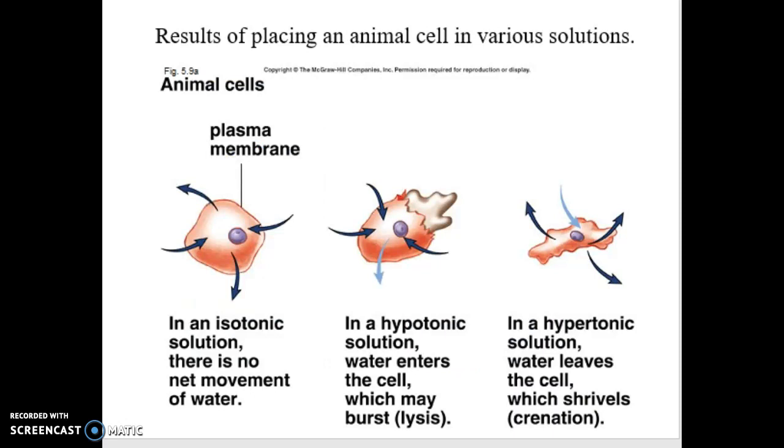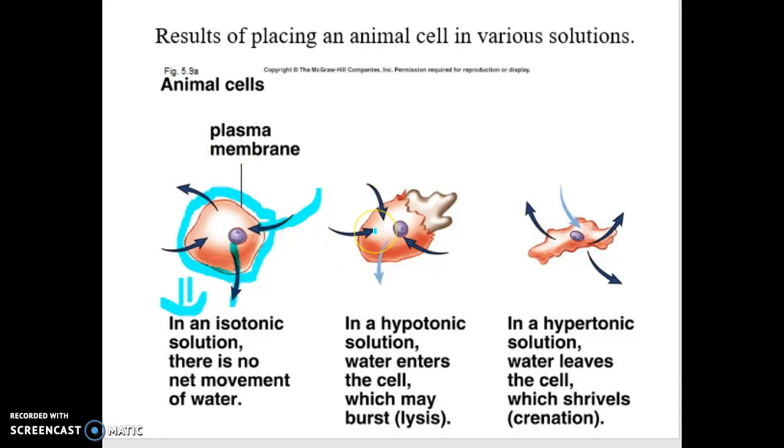If we put an animal cell in different solutions, it responds in different ways. In an isotonic environment, some water goes in, some water goes out, but you notice the cell's got this nice filled, happy cell shape. Isotonic is a good, happy environment.